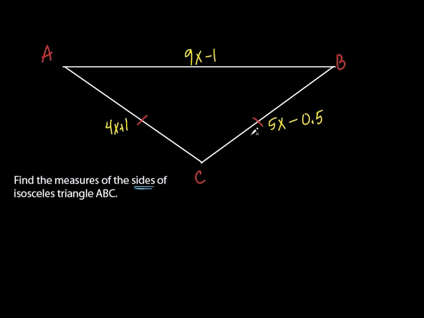If they're equal to each other, I'm going to set this and this equal to each other. So let's go ahead and do that. I always like to put the larger number on the left, so I'm going to go 5x minus a half, or 0.5, equals 4x plus 1. Subtract 4x from both sides, I get x.